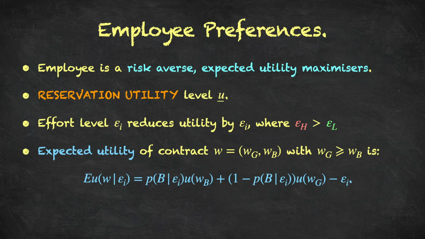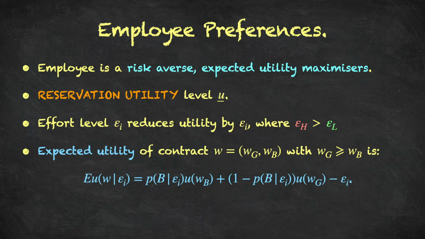Now, regarding effort and the employee's preferences for different levels of effort, we're going to make this very simple and assume that expected utility is linear in the disutility of effort. So effectively, if an employee exerts a high level of effort, we will denote by epsilon h the amount by which the employee's expected utility is reduced.